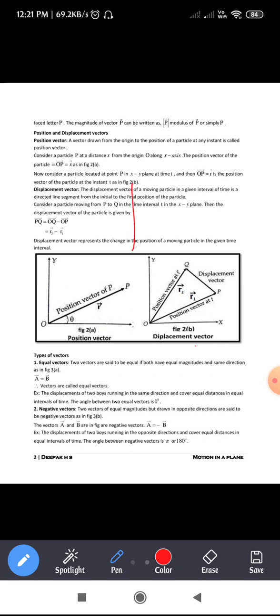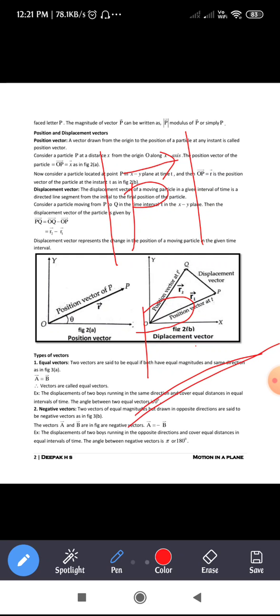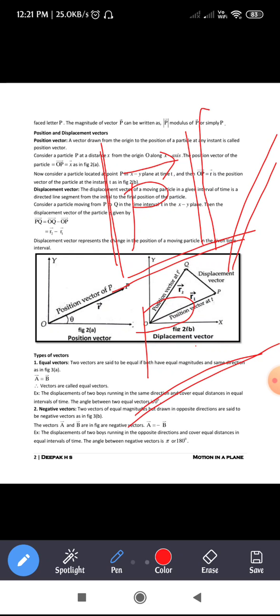So the magnitude of a vector can be represented by the modulus, or it can be written simply as P. This denotes the magnitude of a vector. In the upcoming definitions we are going to make use of this. So the magnitude of a vector can be represented by the modulus of a vector or simply P.